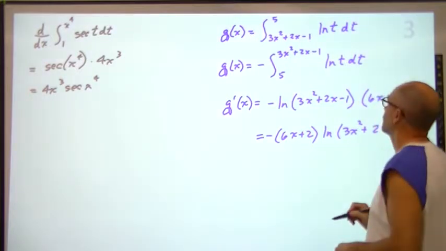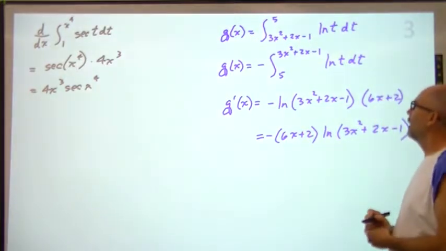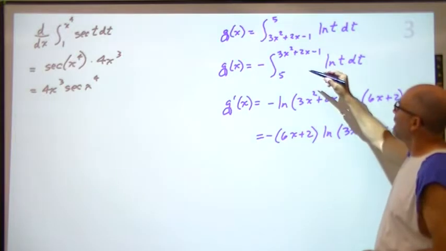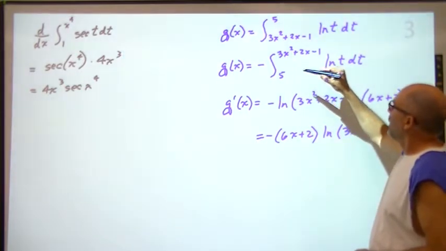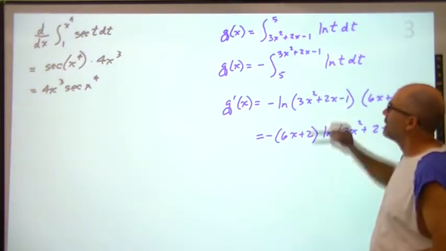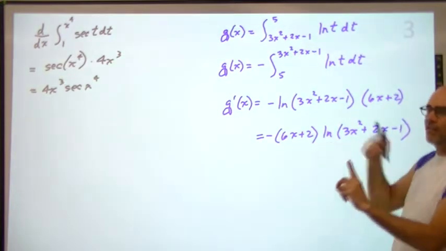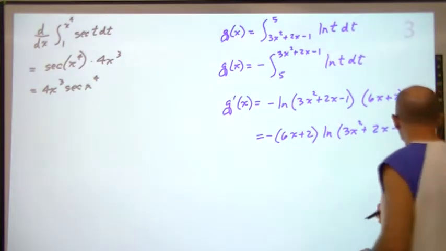Okay, so remember, if you need the constant on the bottom, you need to flip it to get it there.